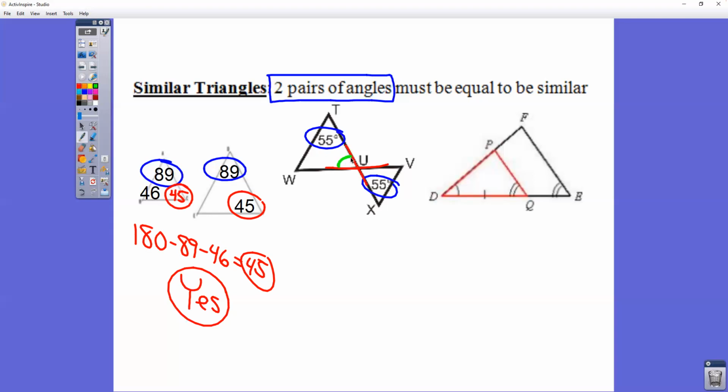This green angle and this green angle are vertical angles. Those vertical angles are equal to each other. So now I have the pair of 55s and I have the pair of green angles. That makes our final answer a yes, because you have those 2 pairs of angles.